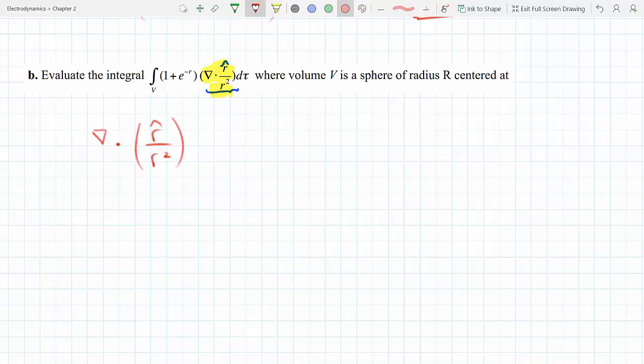If you take d over dr of r squared times 1 over r squared, this cancels out and you get 0. You understand? Yeah. You get 0.